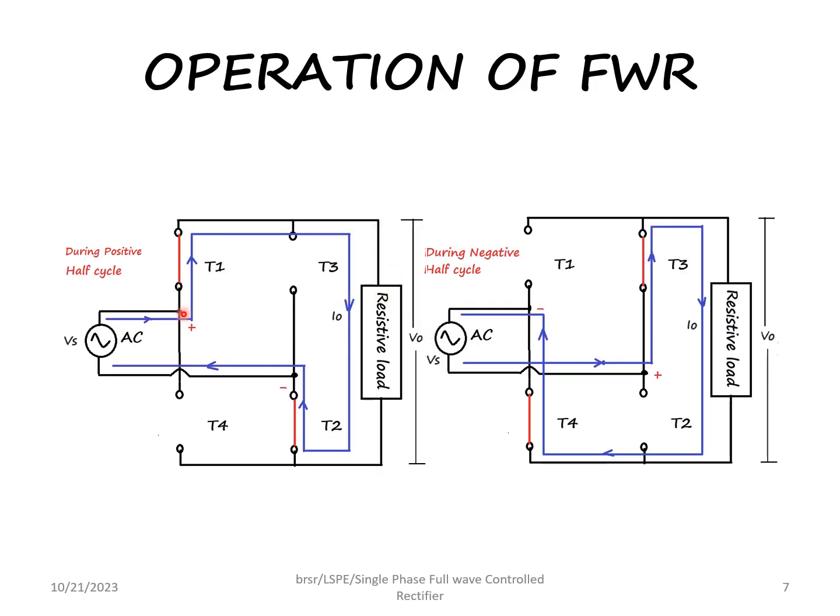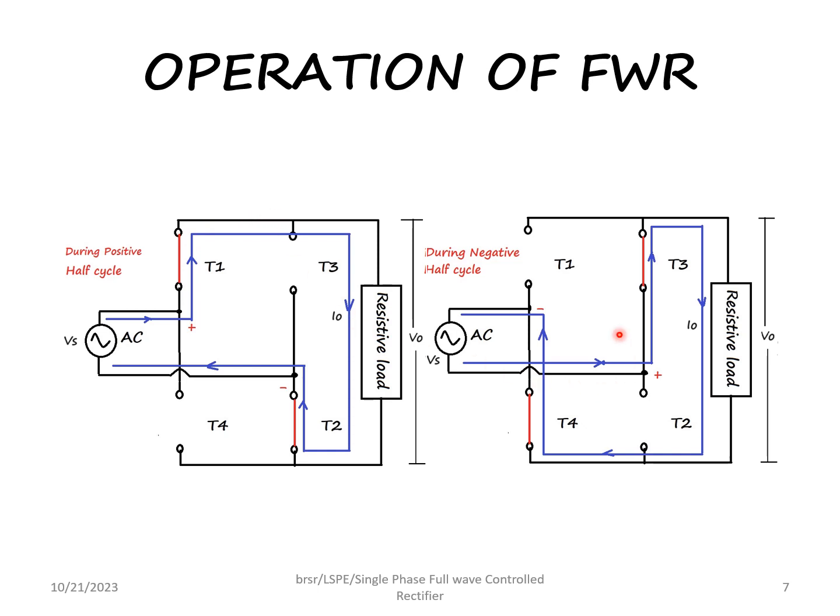We see in this picture, during positive half cycle, T1 and T2 will conduct if the gate pulse is given. They are already forward biased. So when the gate pulse is given, the current flow will be from the supply through T1, through the resistive load, through T2, back to the supply.